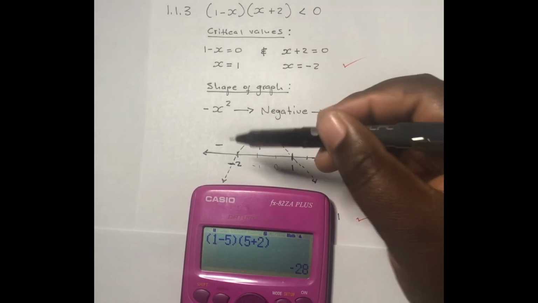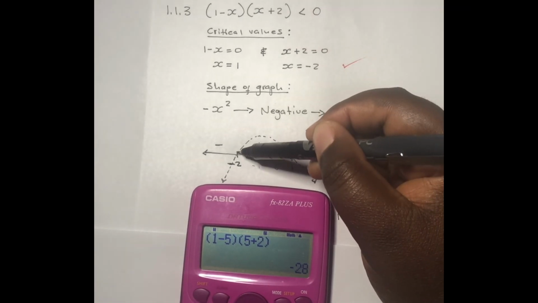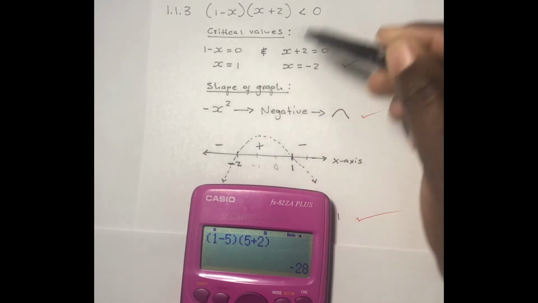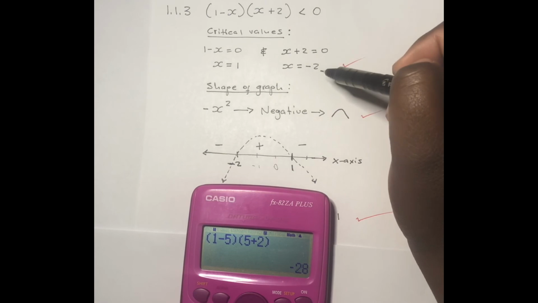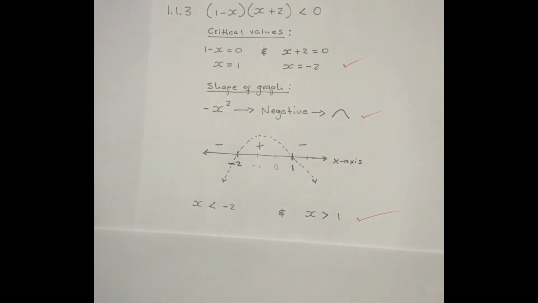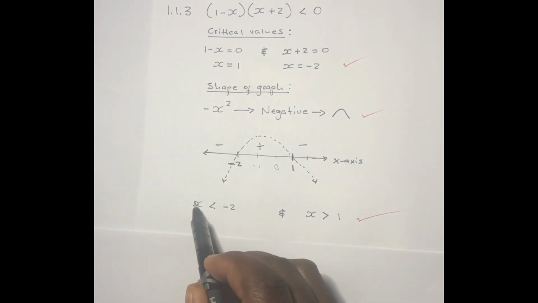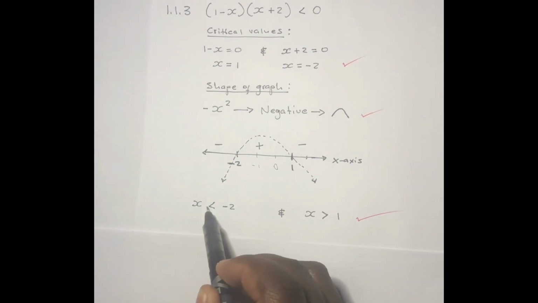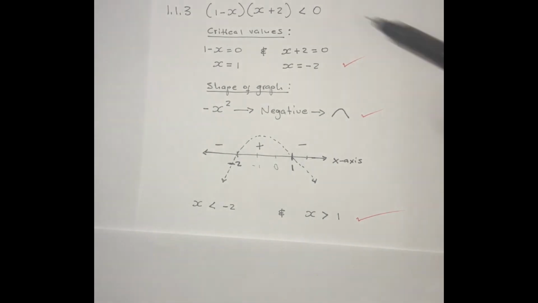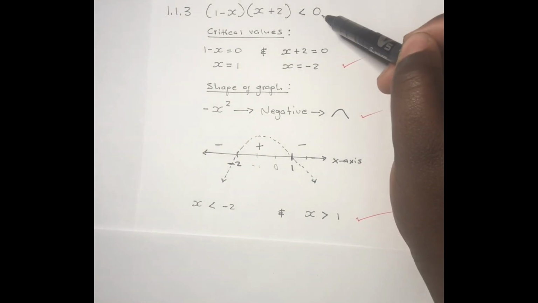And again, when you use any number which is less than -2, you get a value which is less than 0. So in answering the question, we'll say where x is less than -2, you get a value which is less than 0.